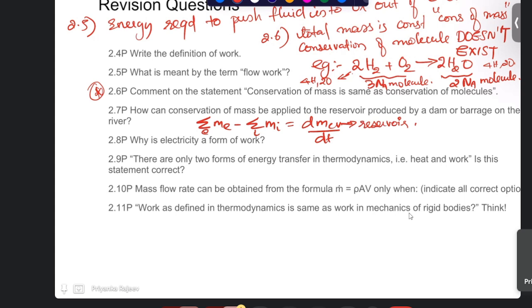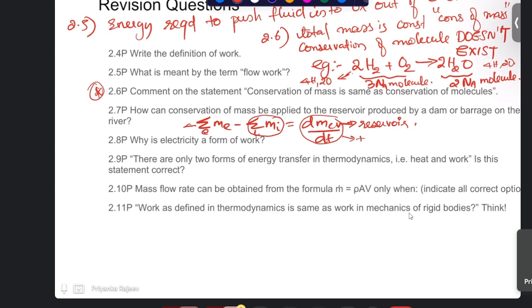That is why in rainy time the summation of m_i will be larger than the exit term. So dm_cv/dt will be highly positive because the mass is going to increase in time. Change in mass of the control volume is positive, meaning the reservoir cannot hold this much water, so you have to open the shutter so that water will flow out.